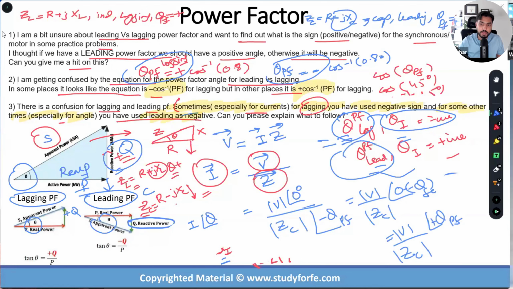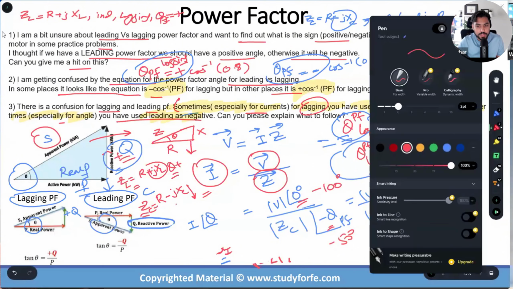So theta power factor leading results in angle theta I positive. Yes, but there's a caveat. I assumed 0 degrees over here, right? It could potentially be negative. If it's a huge negative number, minus 100 degrees, hypothetically, and this is minus 50 degrees, so minus 100 minus 50 is still going to give me a minus 50.